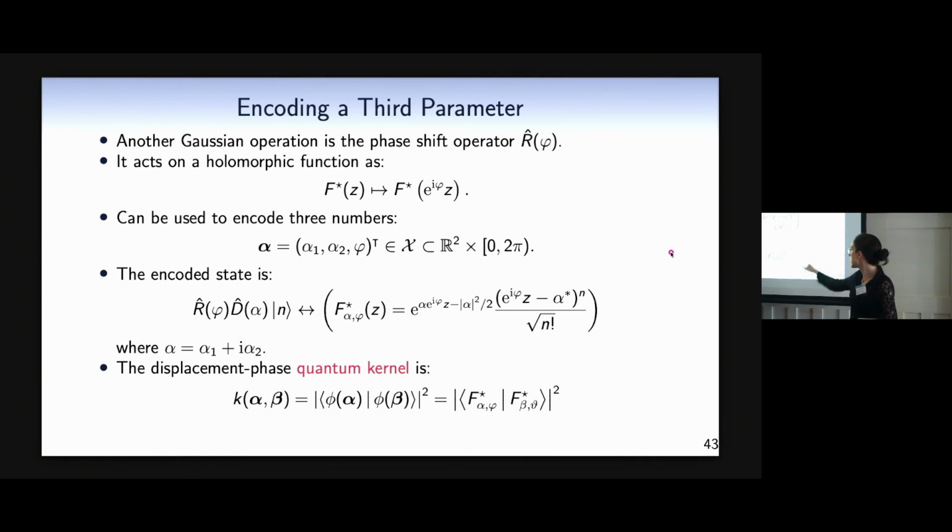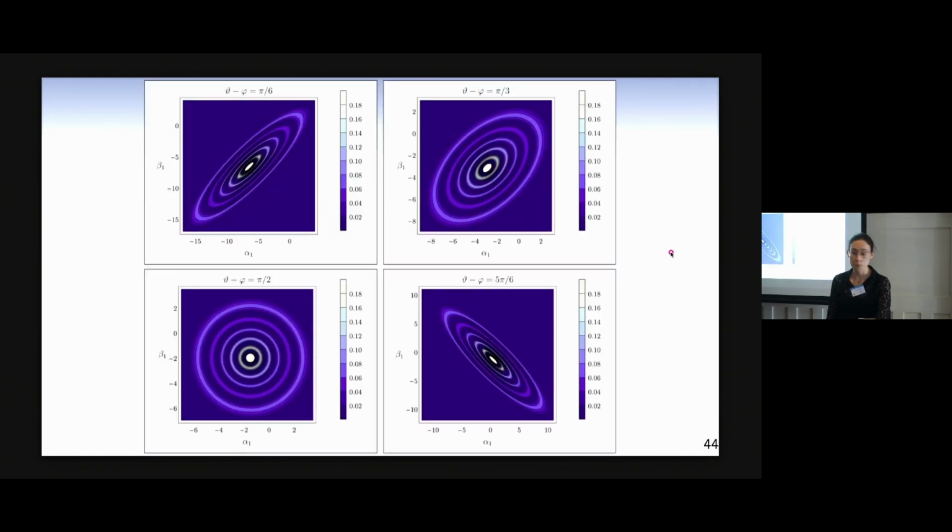And we can take the inner product, or the integral if you want, and calculate what the quantum kernel is. There's an analytic expression for it, but I'm just showing you sort of what it looks like.